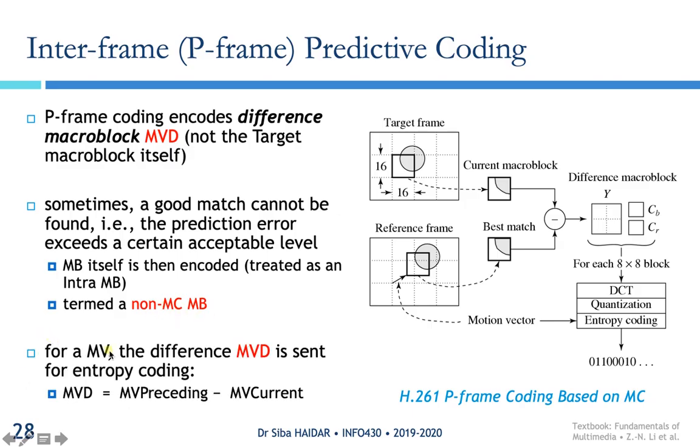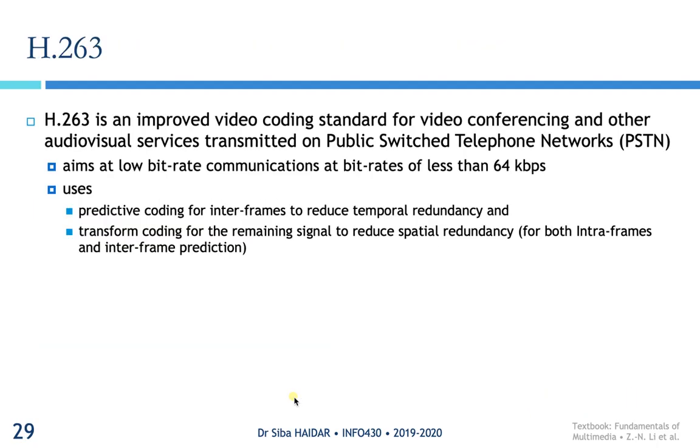For a motion vector, the difference motion vector is sent for entropy coding. So for the motion vector, the motion vector difference is equal to the preceding motion vector minus the current motion vector. And that's why entropy coding will also be fine.